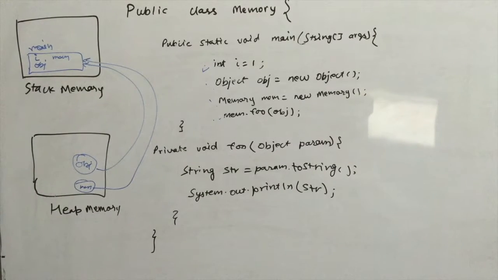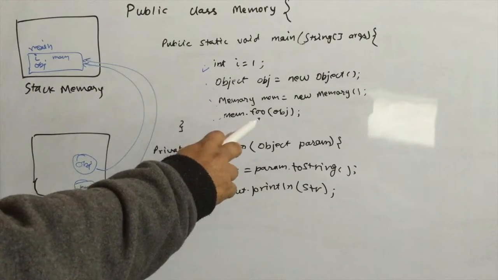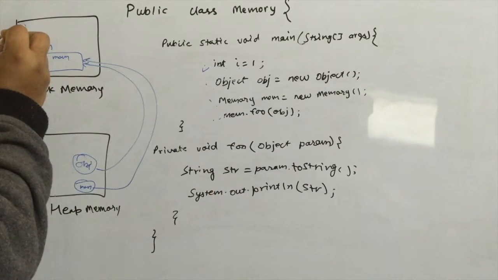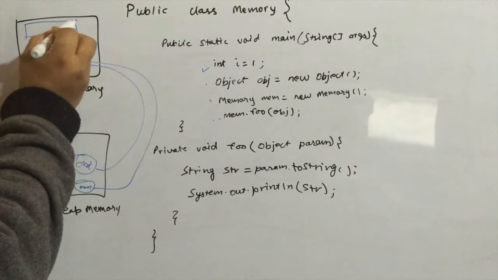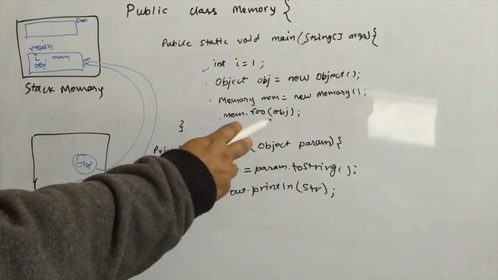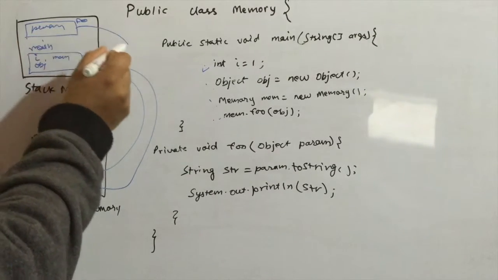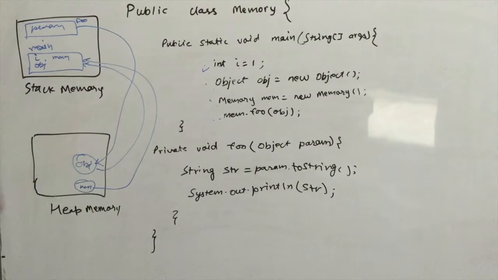After that, the foo method is called. When the foo method is called, it makes a space in the stack memory for the foo method, and a param, that is the object itself, is passed to the foo method.